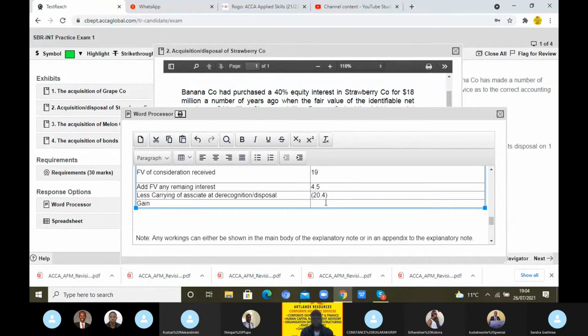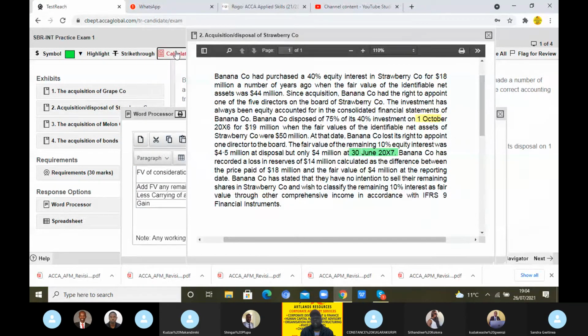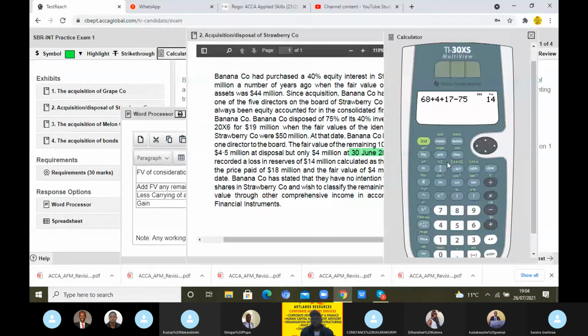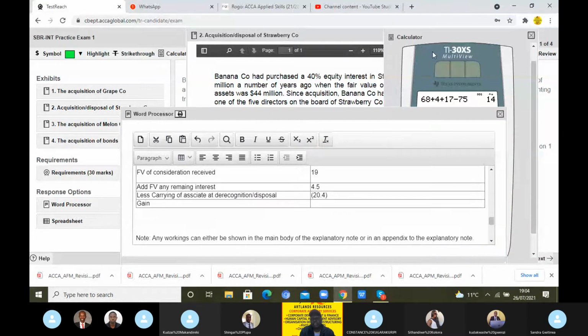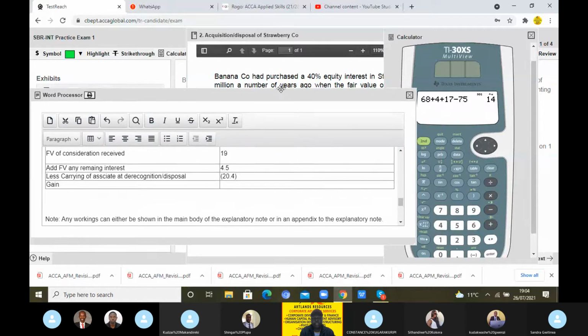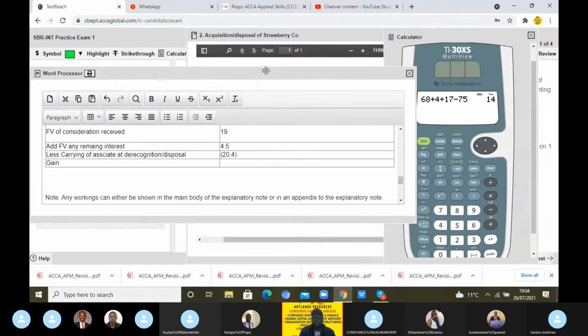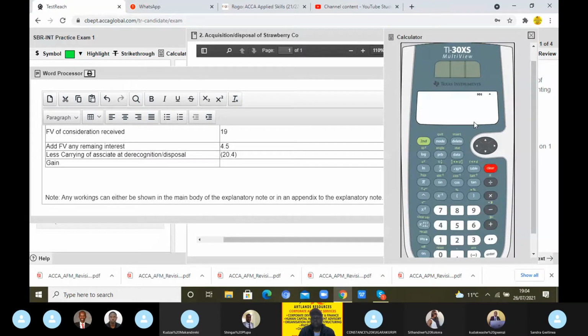There's a gain of how much? You have your calculator, bring your calculator to the front, and make sure you pick the calculator tab. You clear by backspace.